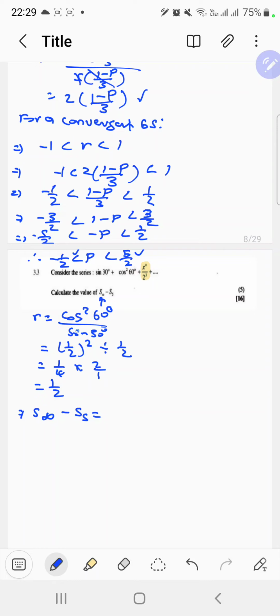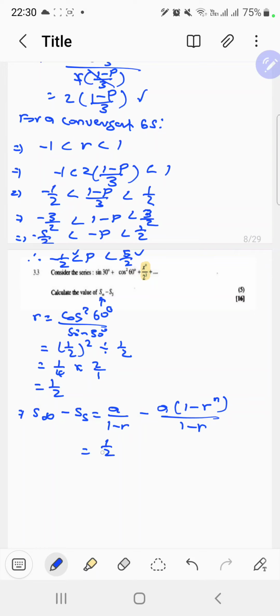Sum to infinity is a over 1 minus r. We can already tell that sine 30 is a half. So we're going to have a, okay, let's just write the formulae. Remember r is less than 1, so we're going to use this one. Not a problem.